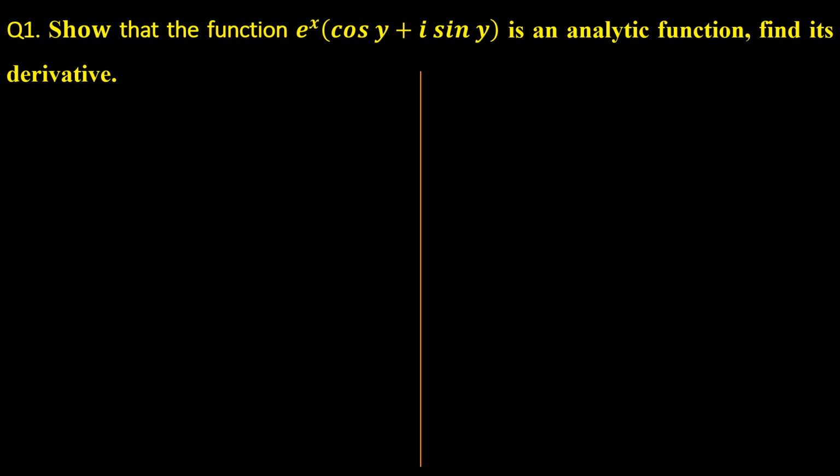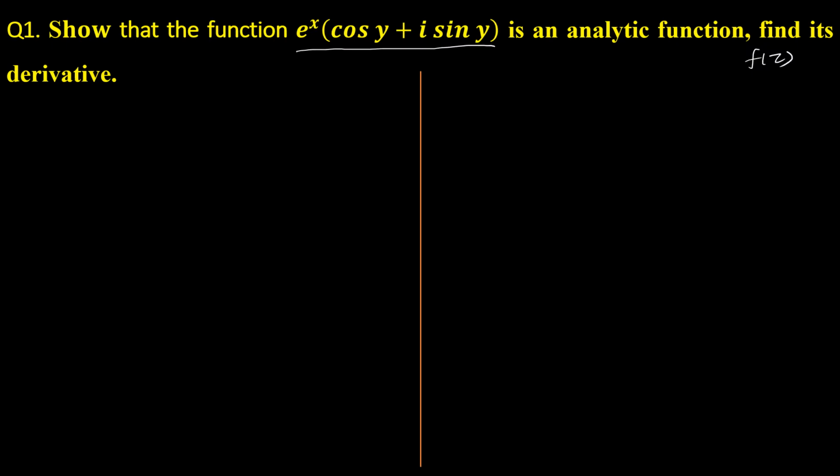So as you know, a function is said to be analytic if it is differentiable at a point and in its neighborhood. Then the function f(z) is said to be analytic.